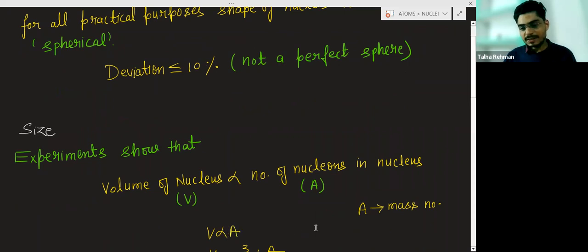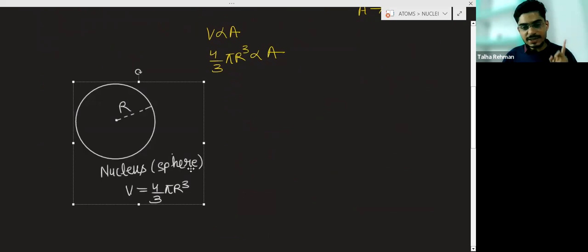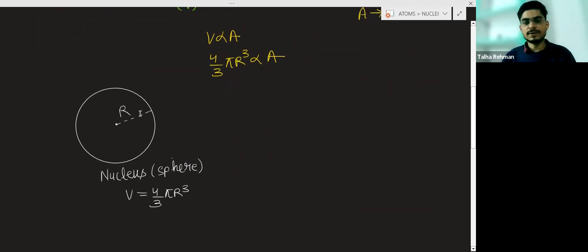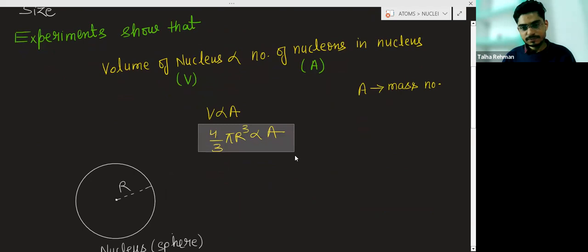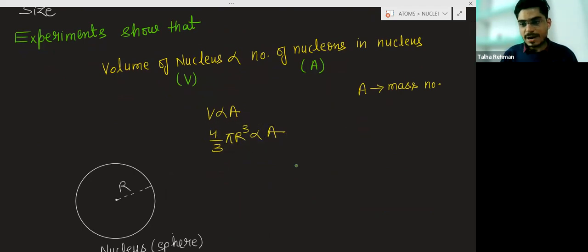Because A is the mass number, and mass number is equal to the number of nucleons. We are considering the nucleus as a sphere, so the volume of the sphere will be 4/3 pi r cube, where r is the radius of the nucleus.